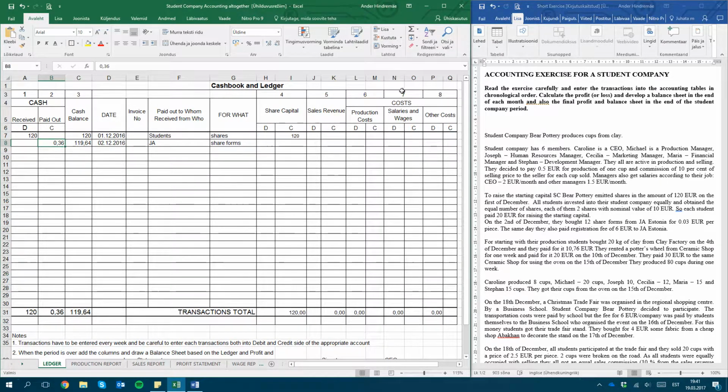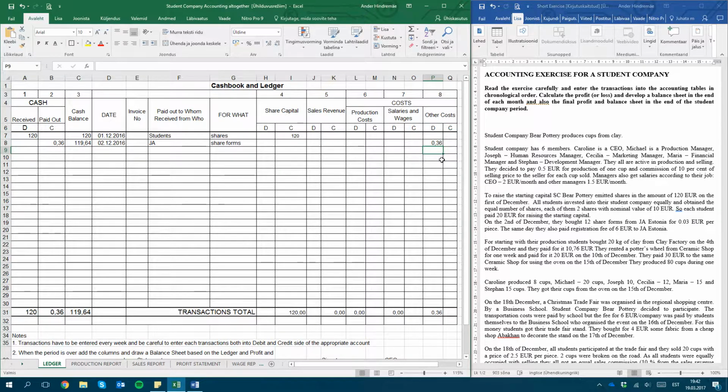Which one is it? Of course, it is some sort of cost. It's not a production cost because we actually didn't produce anything with it. It is not a salary or wage as well, so it has to be other costs. And credit finds its debit. We're going to record 0.36 over here.